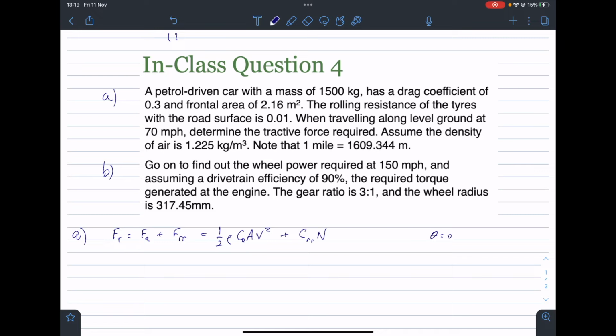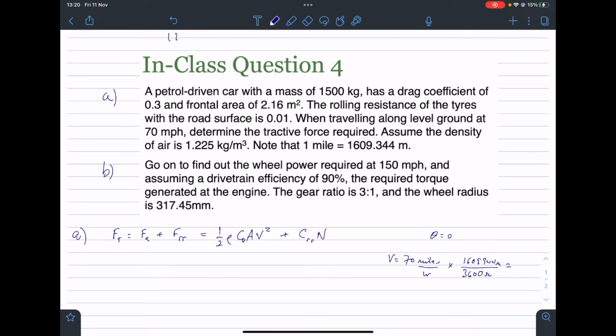We do need to work out V in meters per second, so V is 70 miles per hour. We know in 1 hour you've got 3,600 seconds, and in 1 mile we've got 1,609.344 meters.